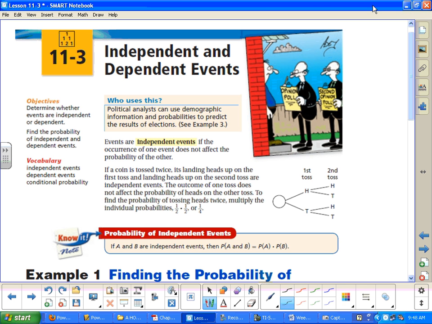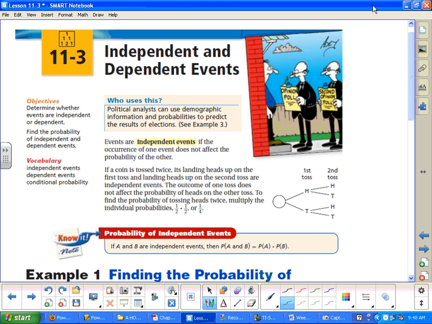If I take a deck of cards and I shuffle it and pull out a card, set it down, and it's the Queen of Hearts. Now, if I pick it up, put it back in my deck, shuffle it up, and put another one down, is the probability of getting the Queen of Hearts any different? No. So those would be independent events. Now, if I left that card down on the table, shuffled them, and pulled another one out, is the probability still the same?